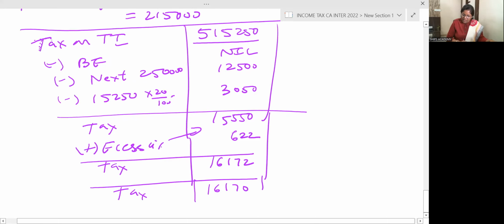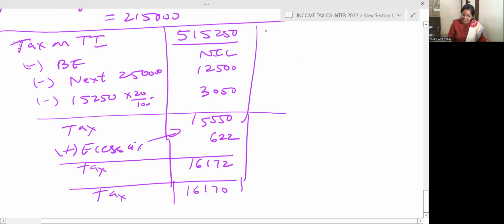Now, our alternative income, 796,250. So the basic exemption is nil. Next 250 at 5% only. Now next 2,50,000 at 10%, so 25,000.